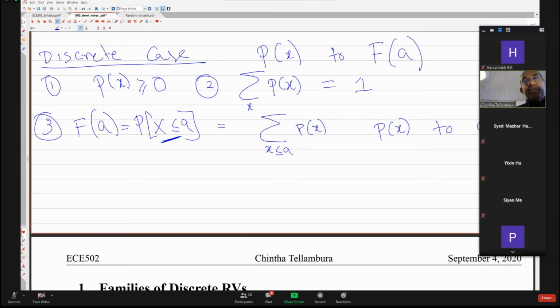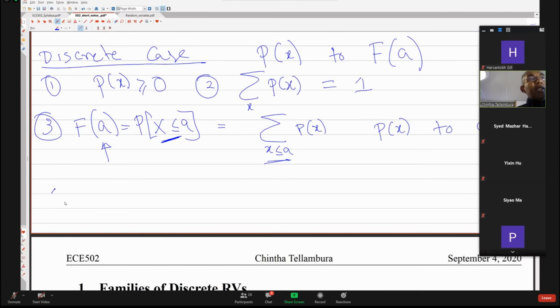You have to do this for all possible arguments, so you move this a, pick any a value and compute this. On the right hand side, the sum is computed for x values less than or equal to a. So that's how you compute the CDF for the discrete case.